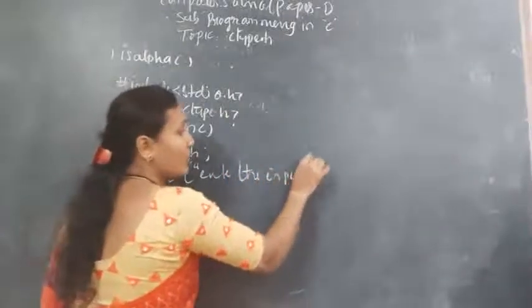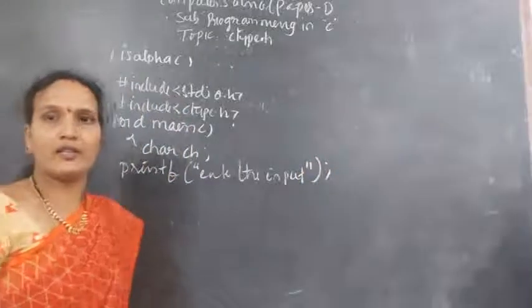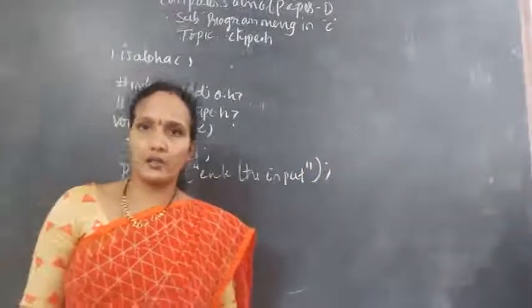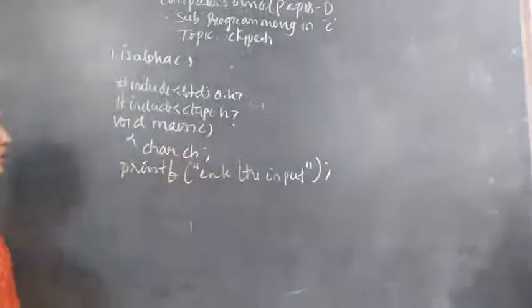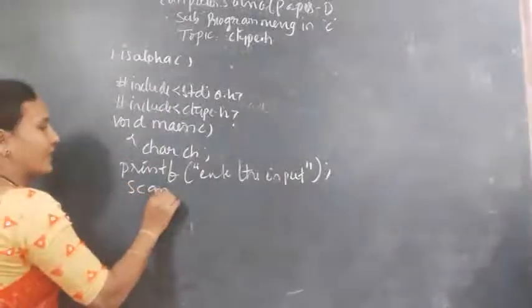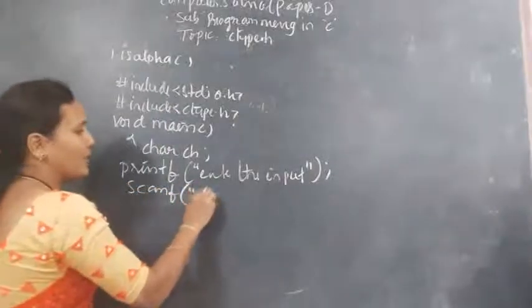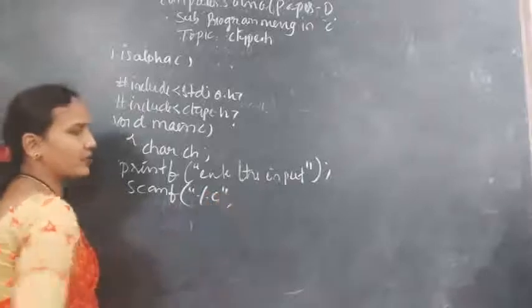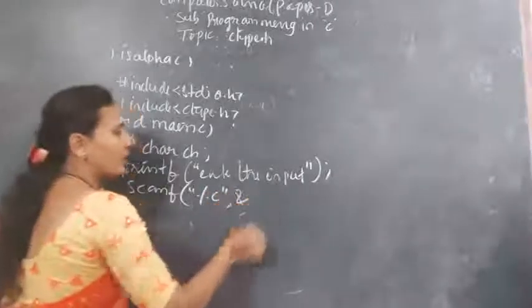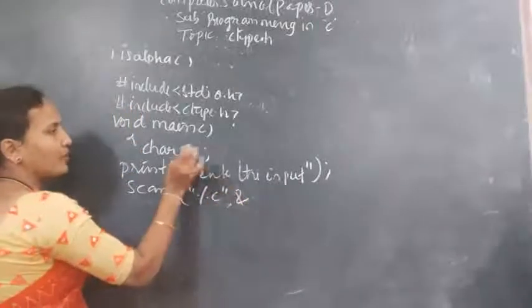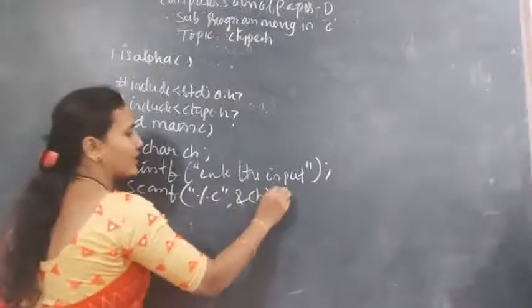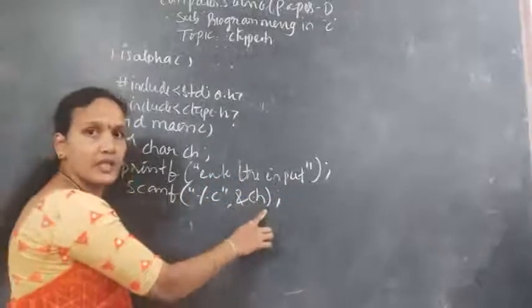Now we should check whatever input the user has given, whether that is a character or not. So first whatever the user has given should be stored in memory. So here it is %c, because we are storing a character. So we should give the memory address, ampersand. What is the variable here? Whatever character the user has given should be stored in ch.